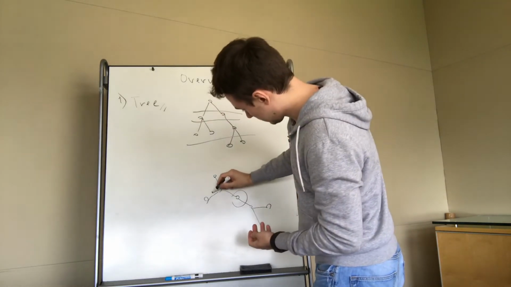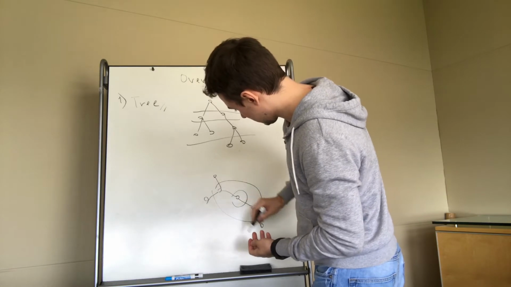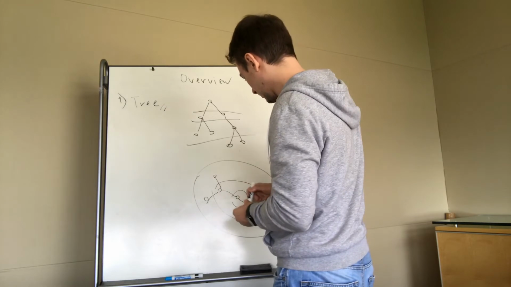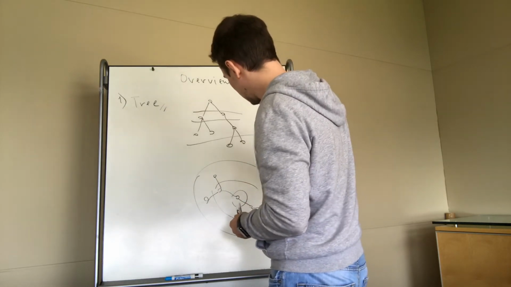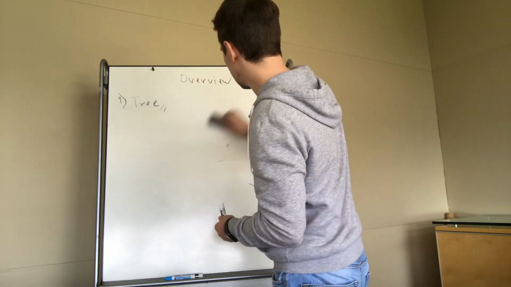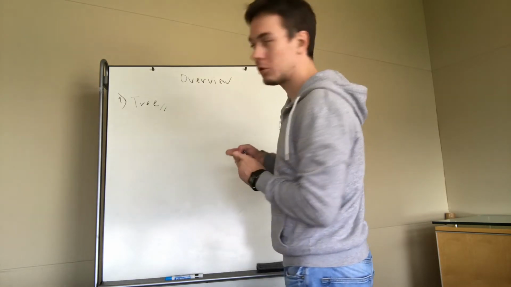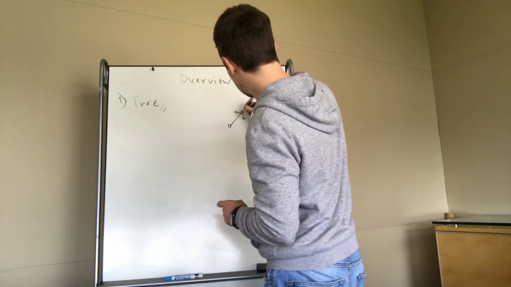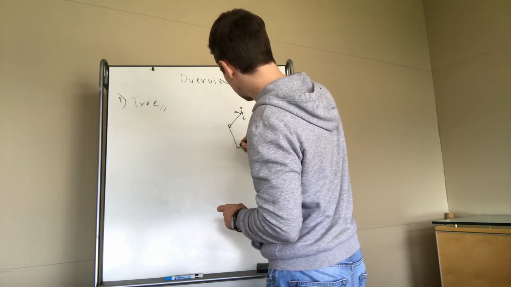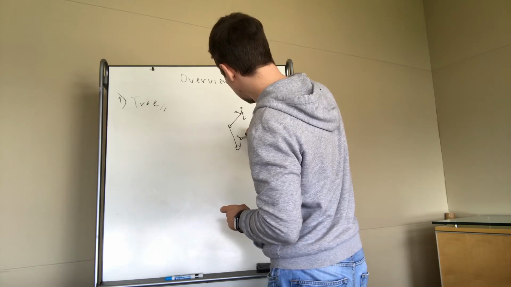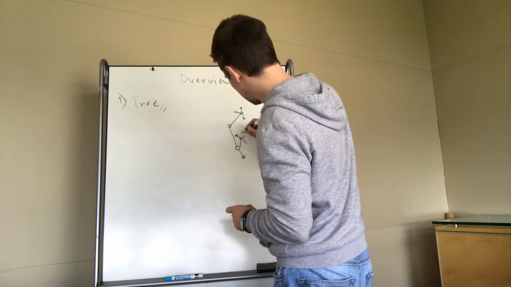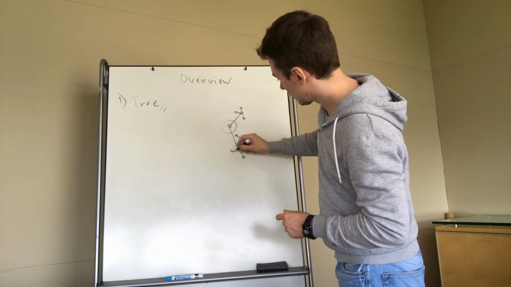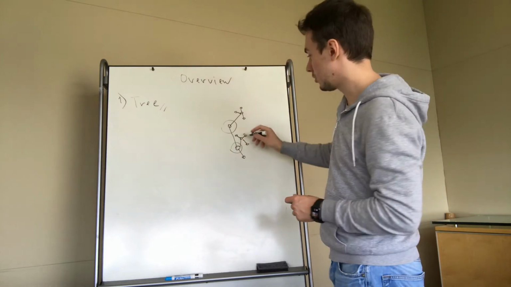In this case, levels are circles. We can usually draw trees like this. In this case, levels are circles as well.